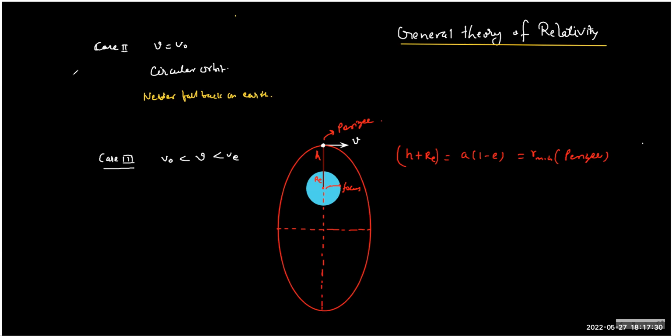So now the question is, what will happen if I throw something with more than escape velocity? From Earth, if you throw something more than escape, it will land in a new orbit around the sun. But again, there is a condition. If that velocity exceeds much beyond the sun's gravity, we call it the third cosmic velocity.